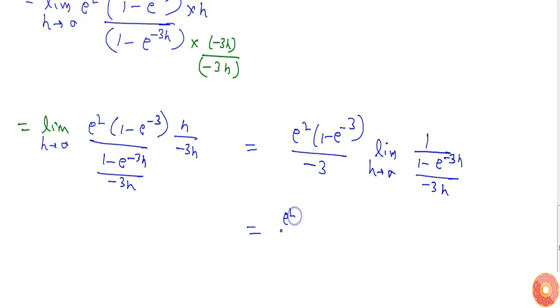So our final answer is e square by minus 3 times (1 minus e power minus 3).